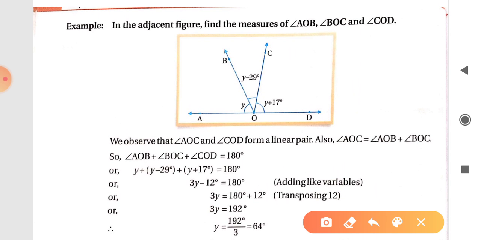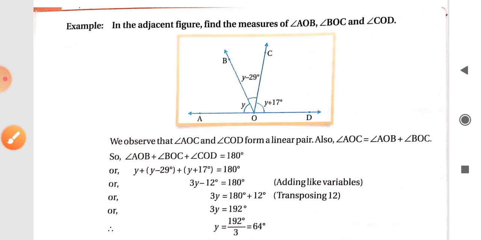In the next example, in the adjacent figure, find the measures of angle AOB, angle BOC, and angle COD. There are three angles and they form a linear pair because ray OA and ray OD form a straight line.